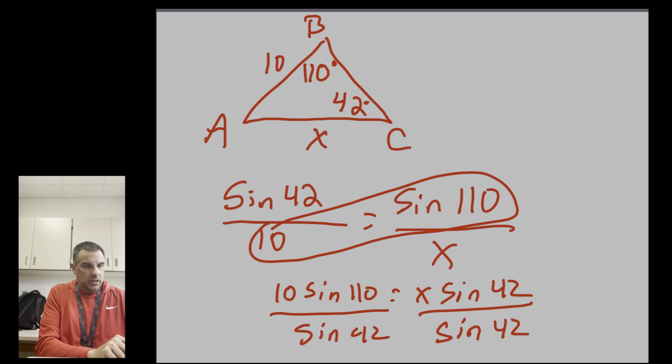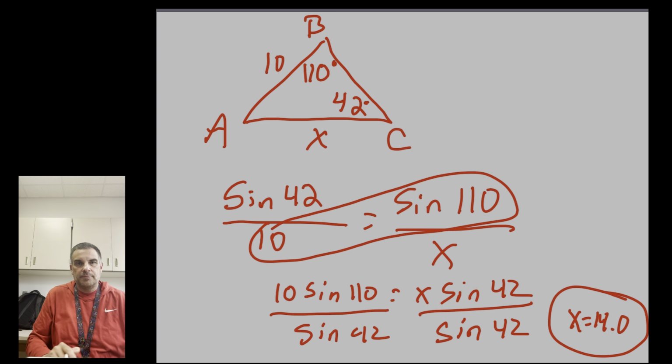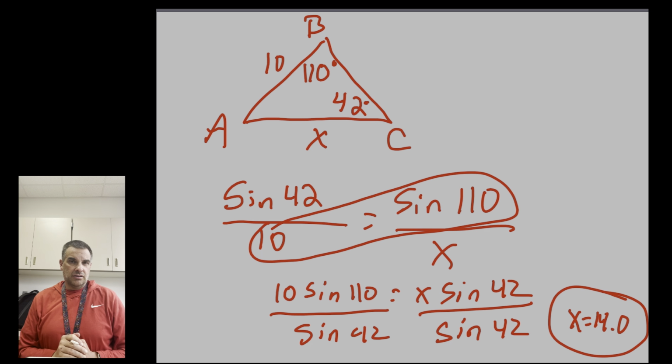We go 10 sine 110, close the parentheses, divided by sine of 42, close the parentheses, and we get a length of x equal to 14.04. So just 14 is the length of that side. And that's how you go about finding a side using the law of sines.